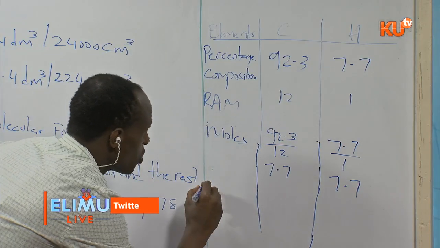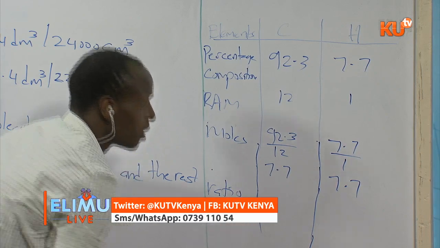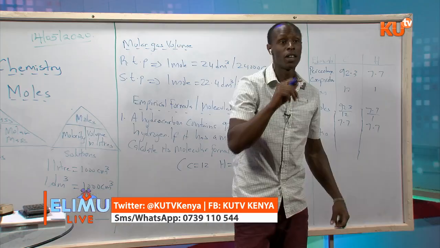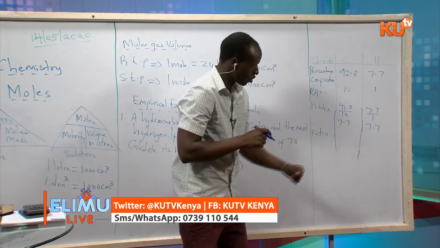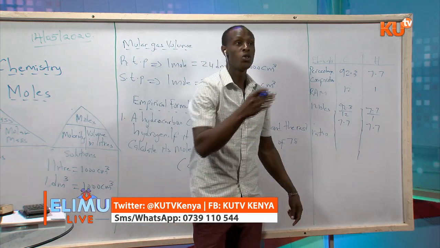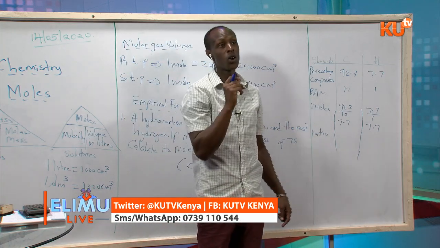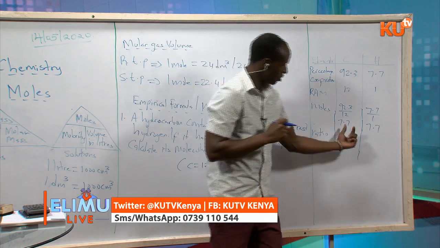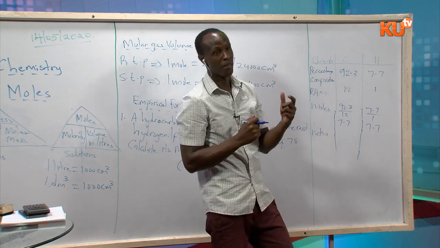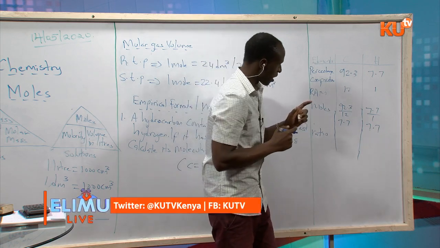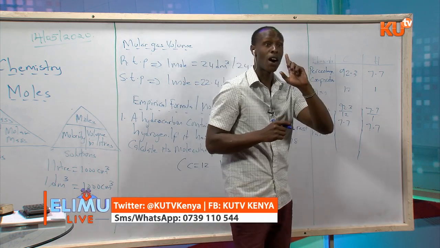Then the last step, now you get the ratio. Remember, empirical formula and molecular formula, they should be in whole numbers, not decimal numbers. So I get the ratio. So to get the ratio, you divide both moles by the lowest number of moles. So this is 7.7 and 7.7. You divide both by 7.7, the lowest number of moles.